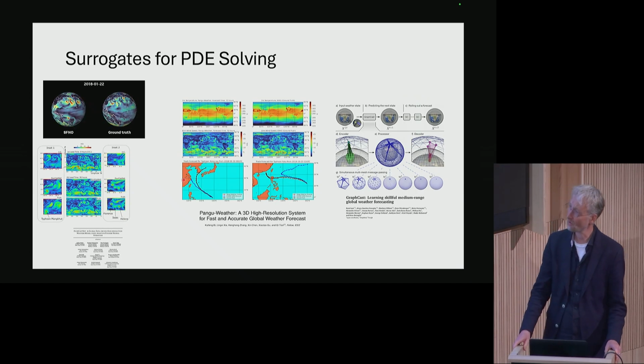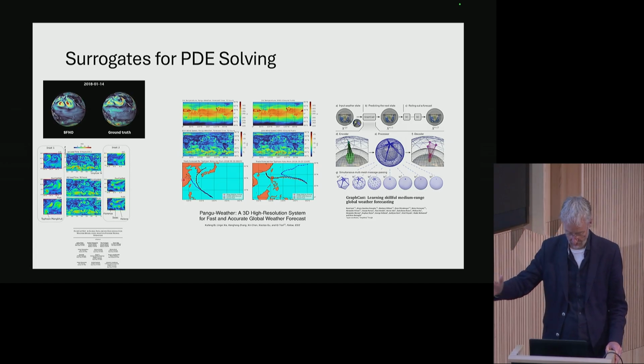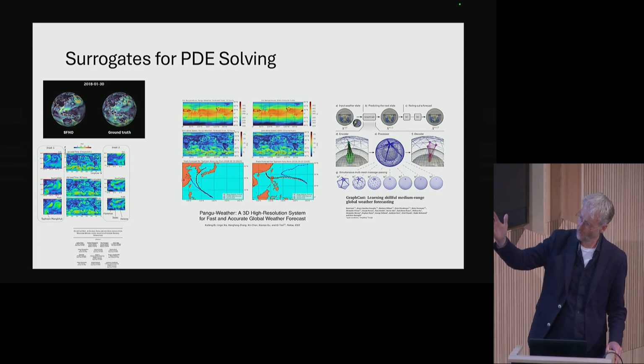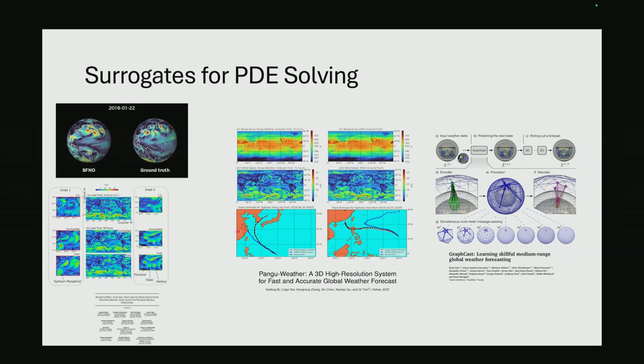Okay, so I can go very quickly. Many people have already said it. NVIDIA is one of the first to come up with this, FourCastNet, and then we had Pangu-Weather, we have GraphCast, and there is this very fast improvement of these models. I've personally witnessed this when I was at Microsoft.